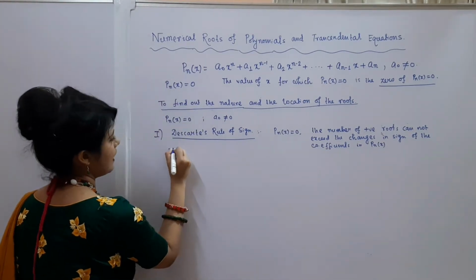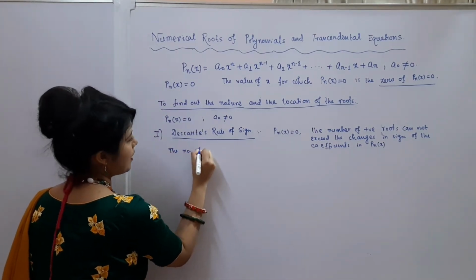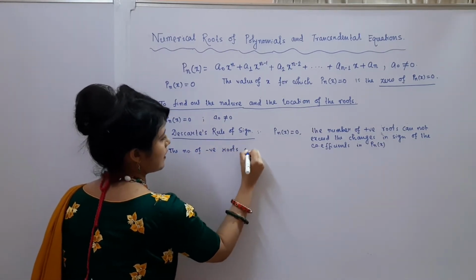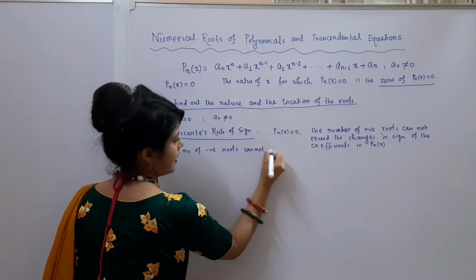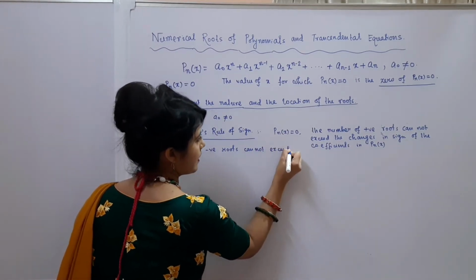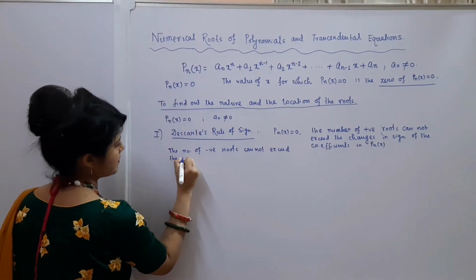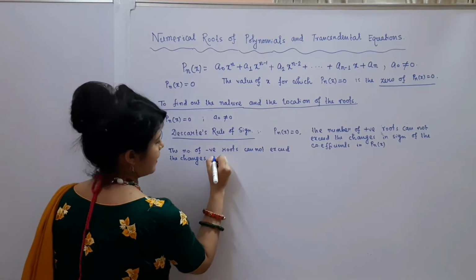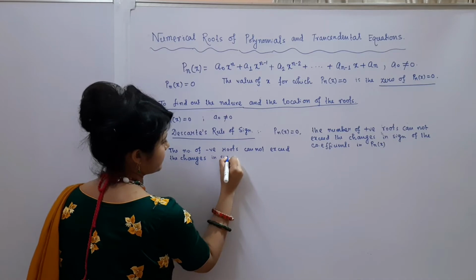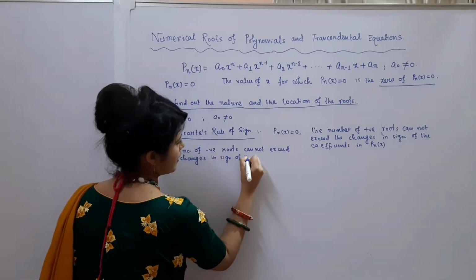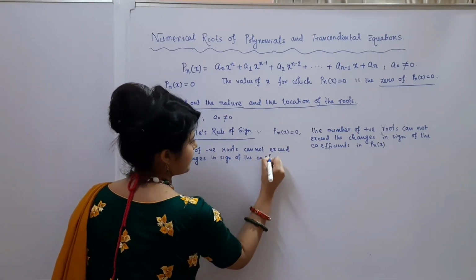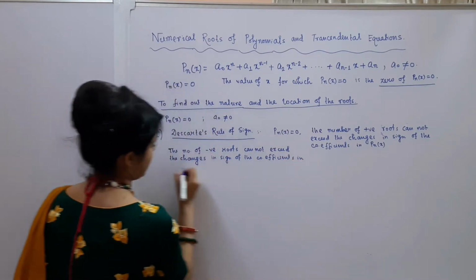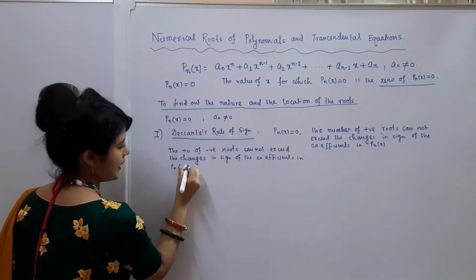The number of negative roots cannot exceed the changes in sign of the coefficients in Pn(-x).